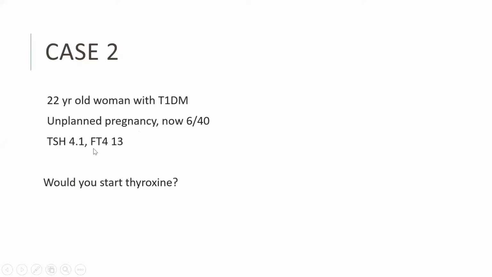That's why a TSH of 4.1 can be risky. But here the correct decision would be to check for antibodies and then decide whether the patient really has autoimmune disease. And if the antibody turns out to be positive, then you must start this patient on thyroxine.